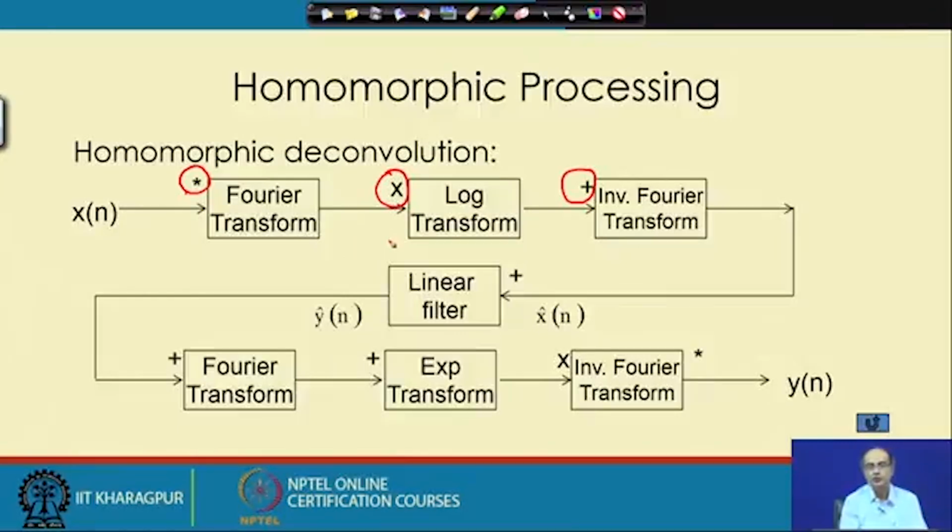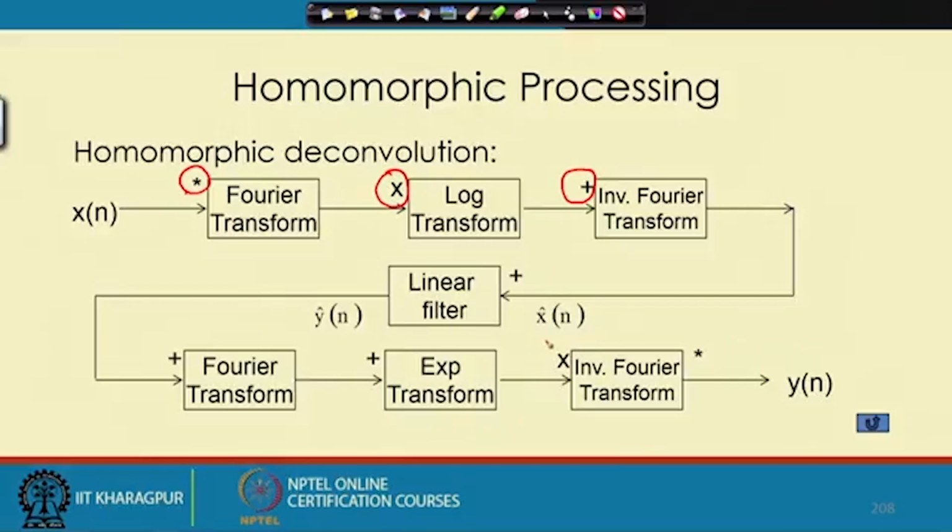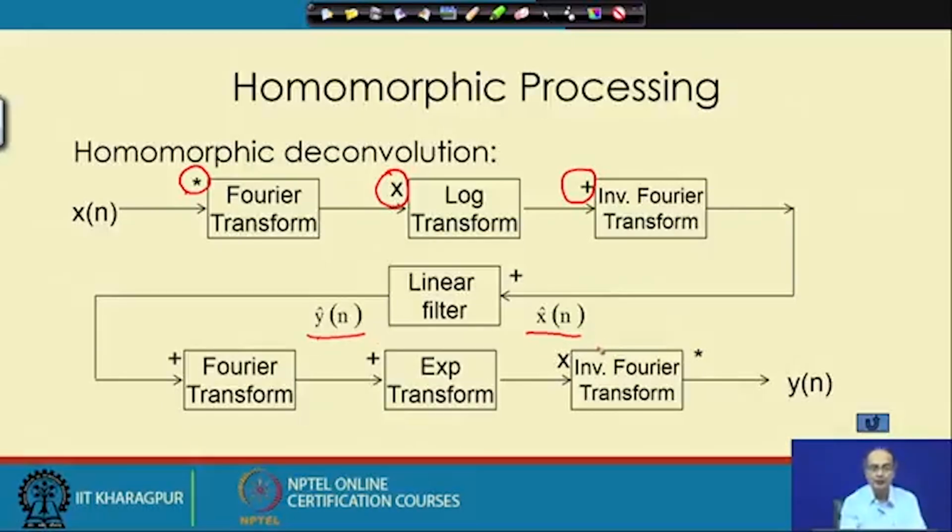To do the linear transform in the time domain, we need to come back to the time domain again. So, we need to take an inverse Fourier transform, okay, and then we get something called x hat n. This can be passed through a linear filter, and we can get y n, provided these components are well separated, that they can be separated in that way.